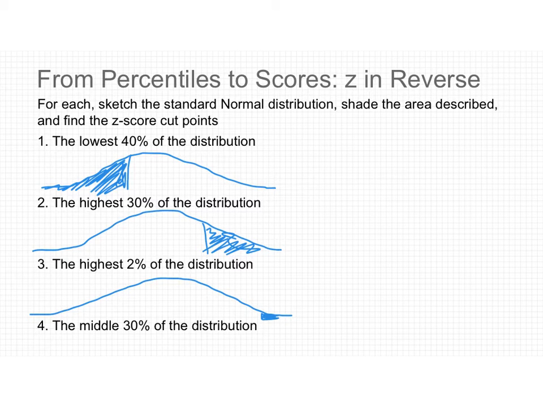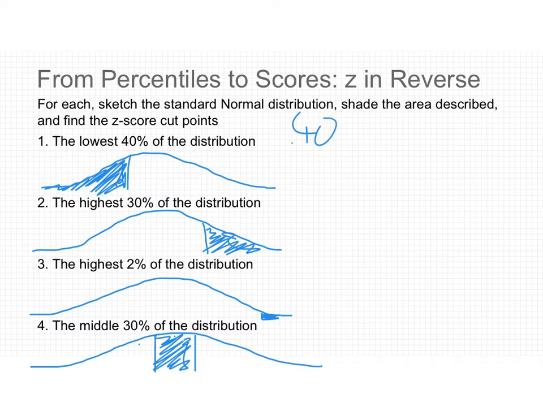And then our middle 30 is going to be in between. So if our mean is at 50, we want 15% on each side. So we want lowest 40%, so that one's pretty good. We're going to look for the 0.40 in our table to find our z-score. On number 2, we want the highest 30%, so we need to subtract. So we're looking for 0.70.